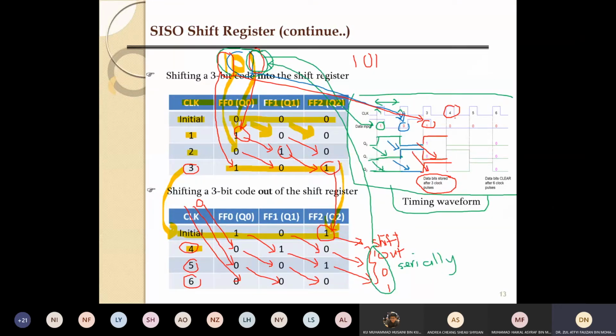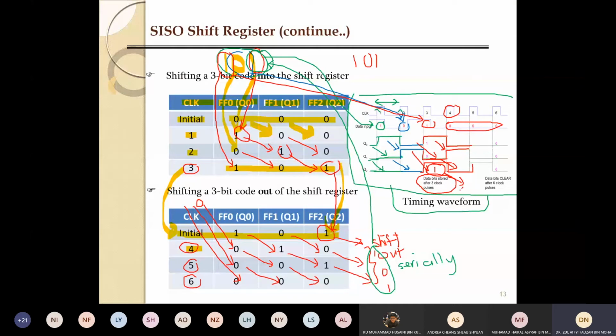We assume the incoming data is 0, so Q0 will be 0. Q1 will be 1 because of the shift from the previous flip-flop, Q0. And this 0 comes from Q1. So the first data bit, 1, has already shifted out.